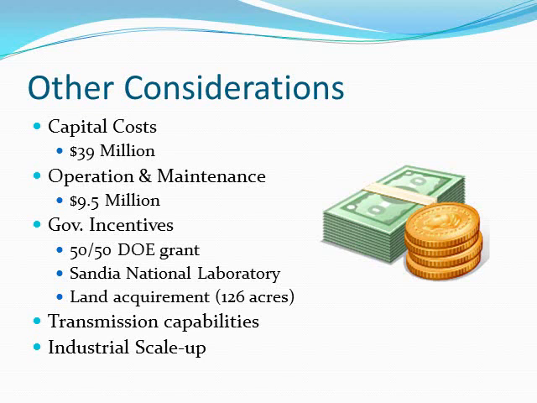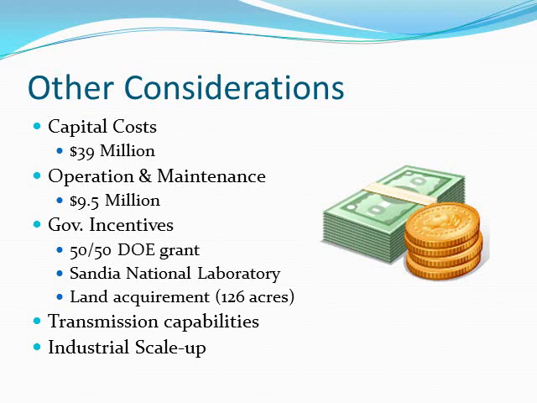The operation and maintenance for Solar 2 was estimated to be around $9.5 million. Ours would also be a few factors larger. To help pay for our plant, there are many government incentives, including Department of Energy grants and land acquisition that the government helps with.